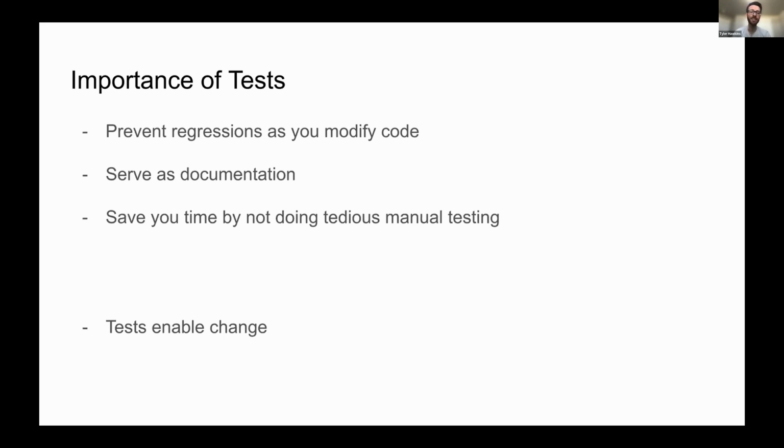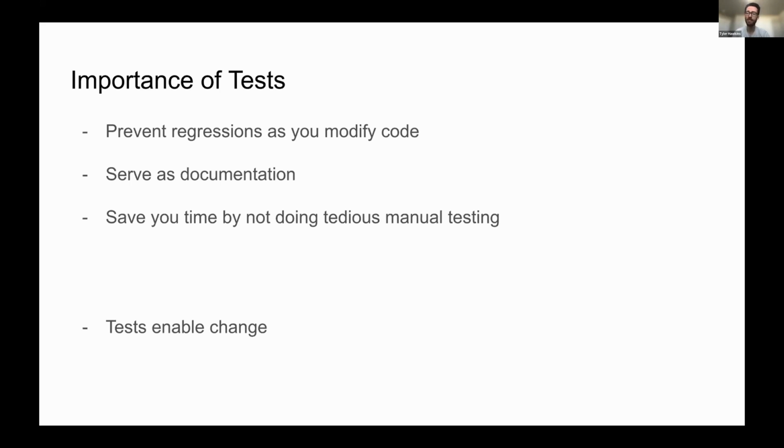And maybe that code base has existed for a short amount of time, maybe for decades. But as you modify that code, sometimes you'll break things. You might not have the full context. You might not fully understand the implications of changing a certain branch of logic or certain file. So tests are there to help prevent regressions.